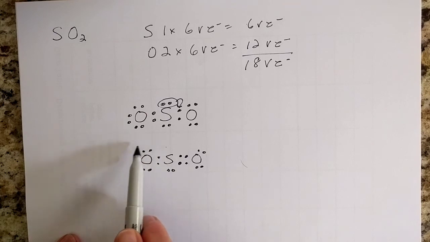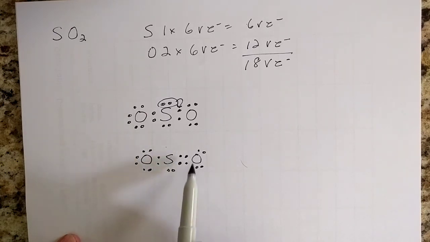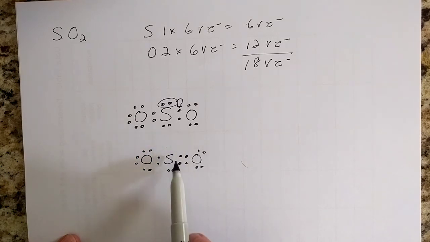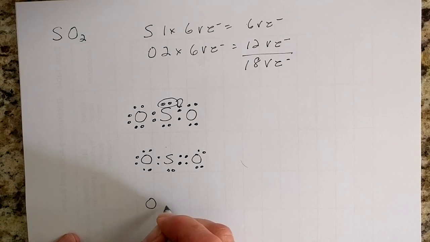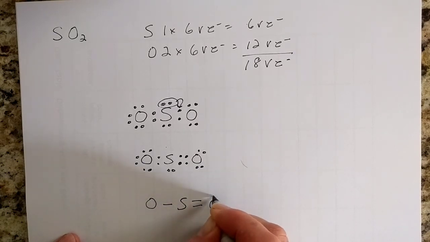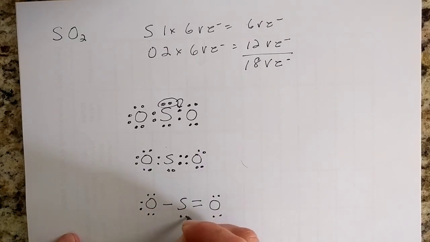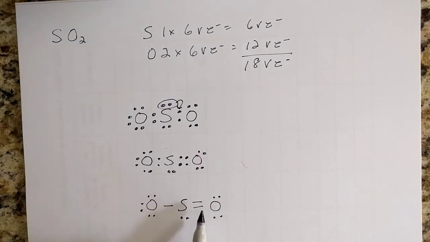This oxygen has the octet, sulfur 2, 4, 6, 8, the octet, and oxygen 2, 4, 6, 8, it has the octet. So this would be O single bonded to S, double bonded to O. And remember, we've got to put in those lone pairs of electrons. They have to stay. So there is our Lewis structure. We have 1 single bond and 1 double bond.